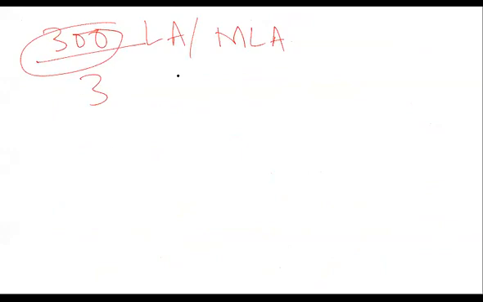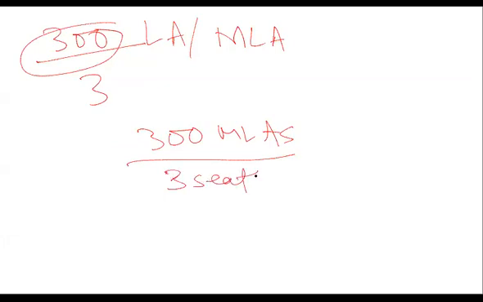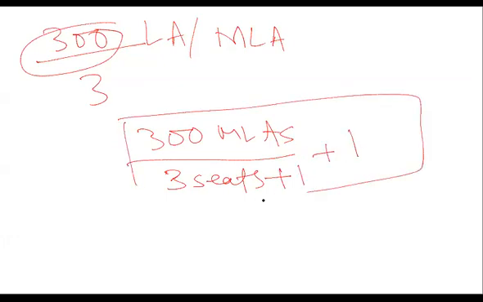So how can we get the proportional representation? Suppose there are 300 MLAs. These 300 MLAs will be divided by the 3 seats plus 1, plus 1. By this formula, we can derive the proportional number of votes required for the election to the Rajya Sabha.